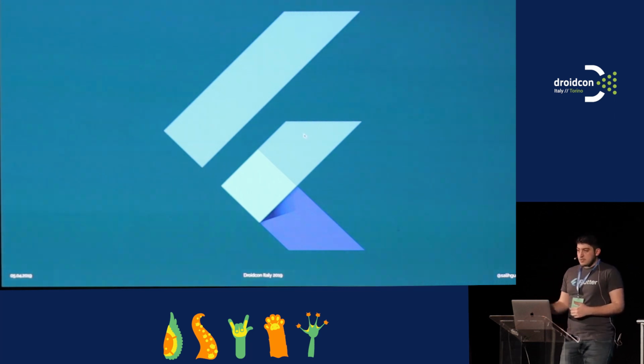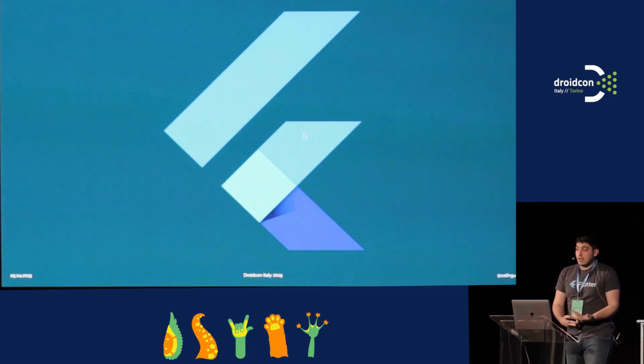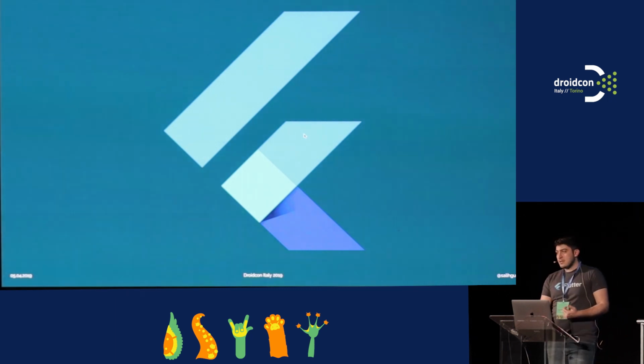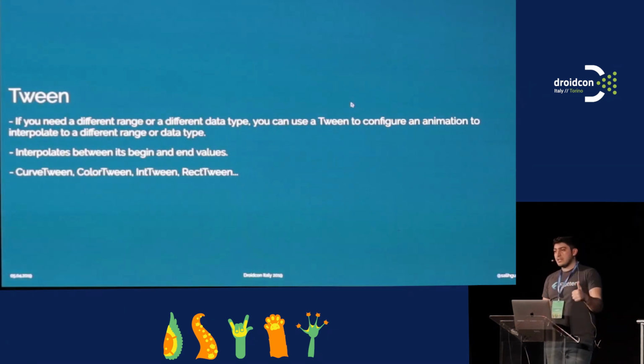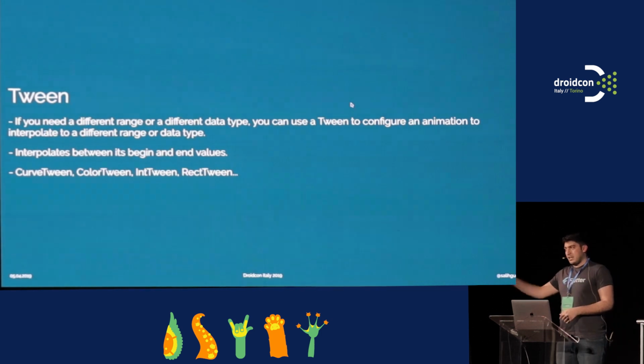But let's assume that so far we have only used doubles. But as I said, we can use colors, we can use rects, we can use offsets, right? And for these purposes, we are using the tween classes. Tween has the same meaning that I told you before. You need to give a beginning and an end value.